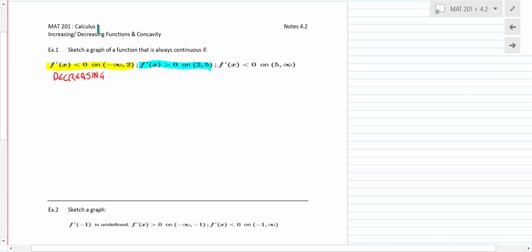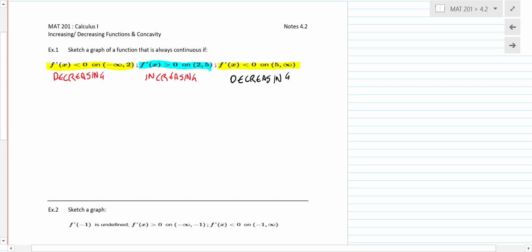Now if this says f prime of x is greater than 0, what does that mean to you? It's increasing, good. So we have a positive derivative, which means we're increasing. And then if you go to this next one, what does that mean? f prime of x is less than 0. Back to decreasing. So what we're going to do is roughly sketch a graph that would show a function doing this.